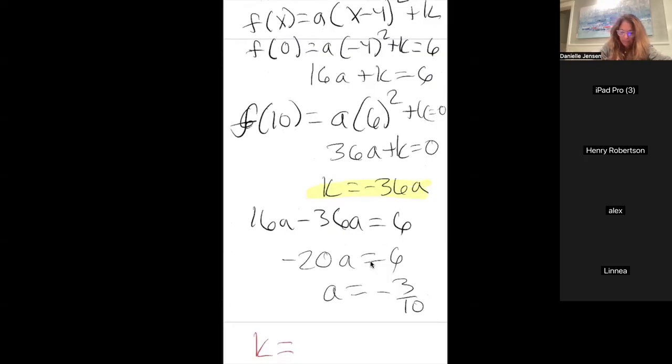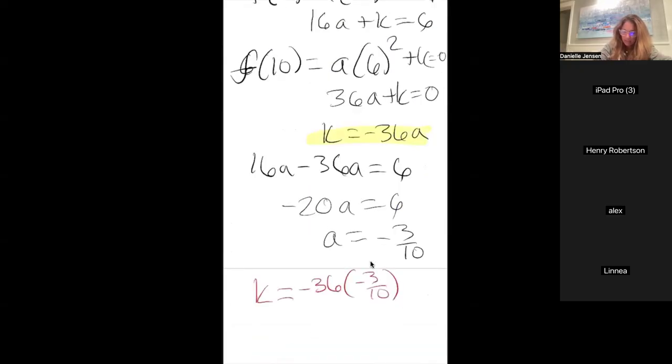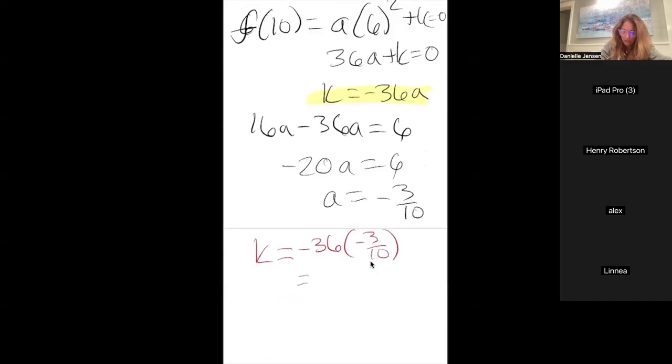Because that's my only missing piece, right? So K is going to be -36 times -3/10. Let's simplify that. Positive, 5, 18, so 54/5.